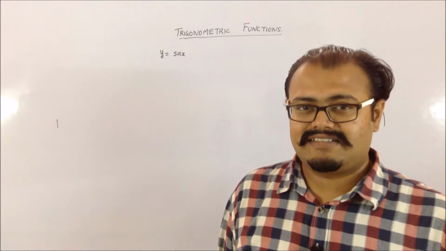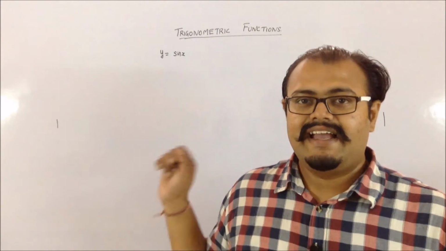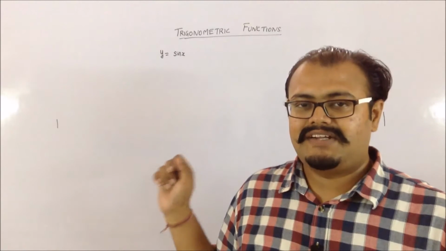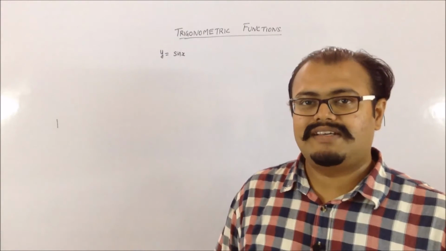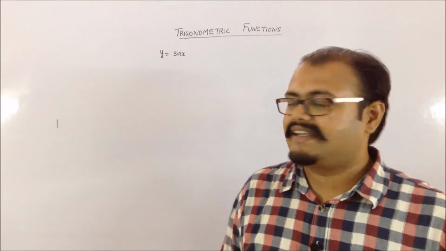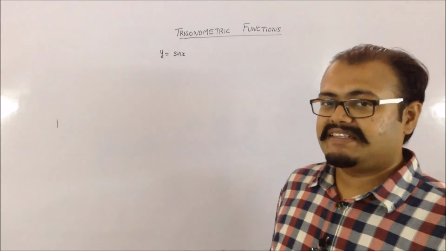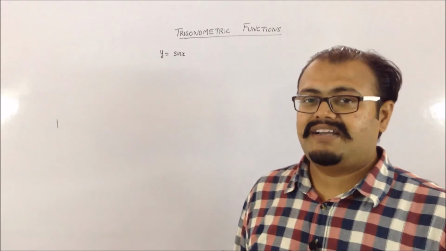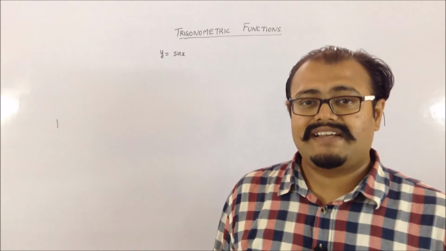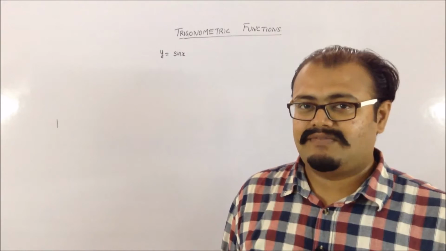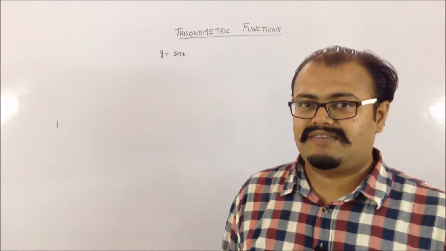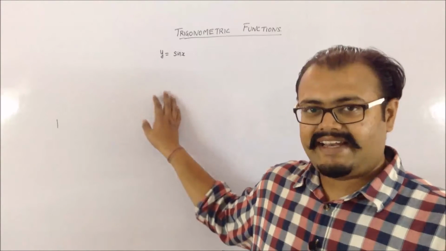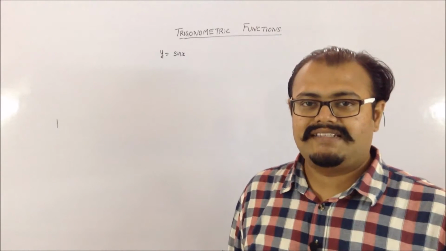We had discussed that for the sine function, the domain is the whole real axis, so it can take any value on my real axis, and accordingly I have to find my y. The range for sine was between -1 and 1, so my y can only have values between -1 and 1.